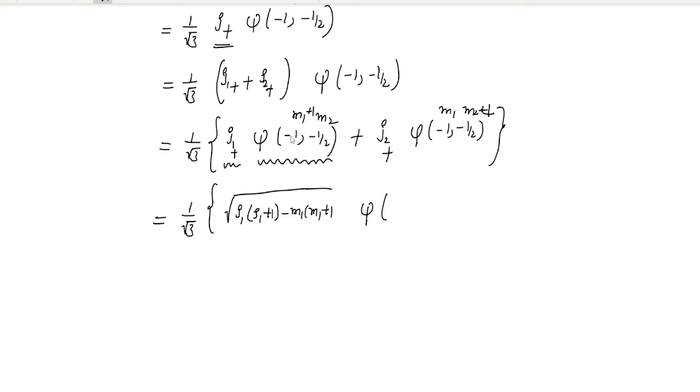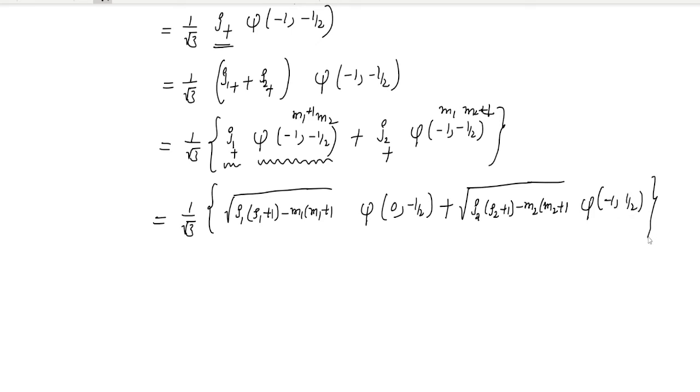So minus 1 plus 1 becomes 0, minus 1 divided by 2, plus root of j2 plus 1 minus m2 plus 1, wave function psi. So minus 1 divided by 2 plus 1, minus 1 divided by 2.